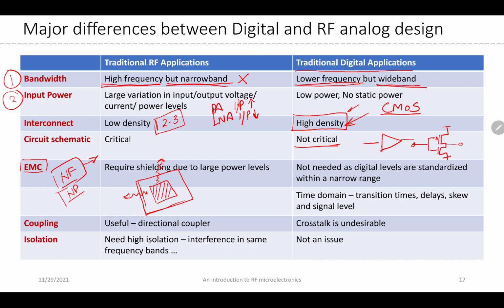It also happens only at high power, because in order to radiate something through air, you need very high power levels. Otherwise you won't, because there's a lot of attenuation in air, and in order for a signal to reach a certain point and interfere with something, you need a very high power level.